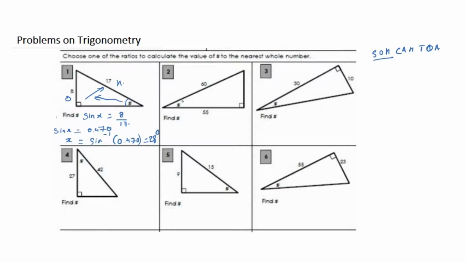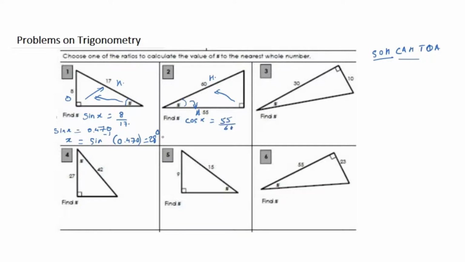Now here x is this. So the side opposite to the right angle is hypotenuse. The side next to the angle is adjacent. So adjacent over hypotenuse is cos. So we say that cos of x is going to be 55 over 60.